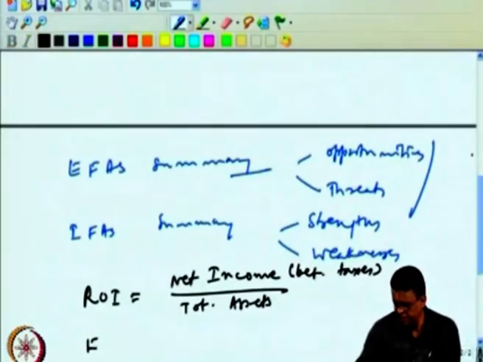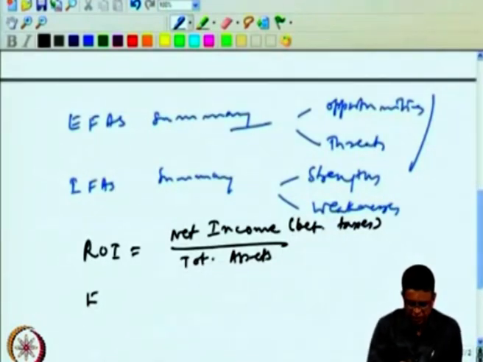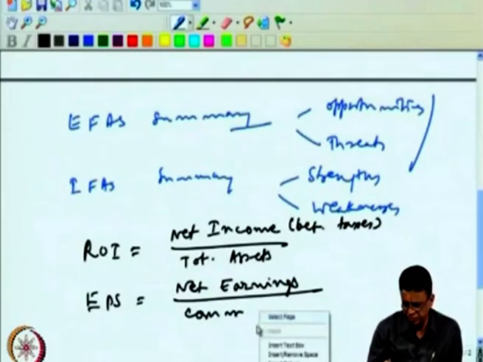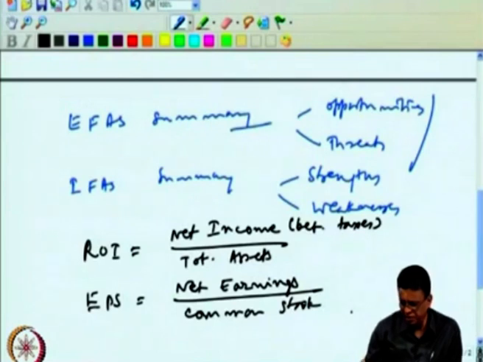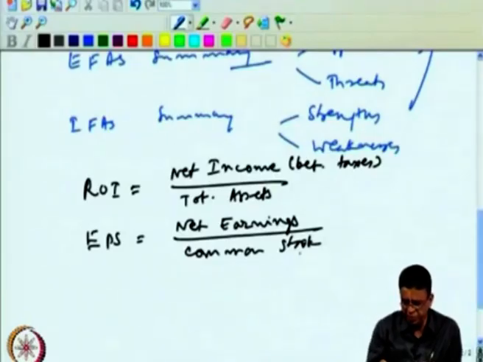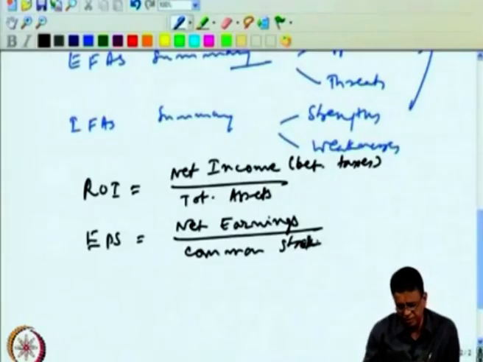The EPS is equal to, or this is the formula for EPS, divide the net earnings by the amount of common stock, that is, find out what is the total earnings that the company has made per year and what is that stock, that is the number of shares.